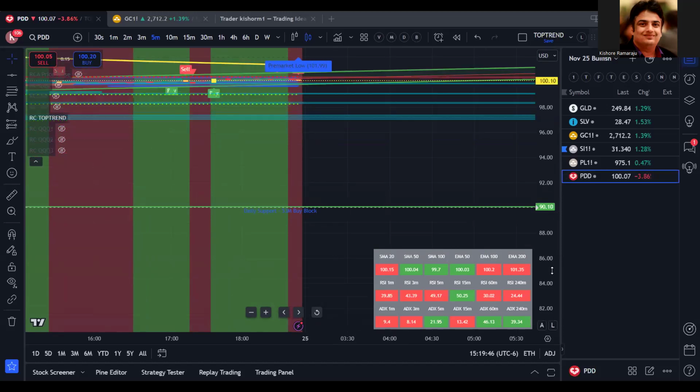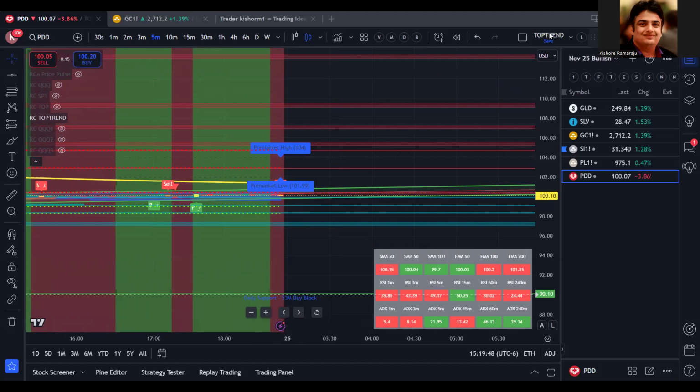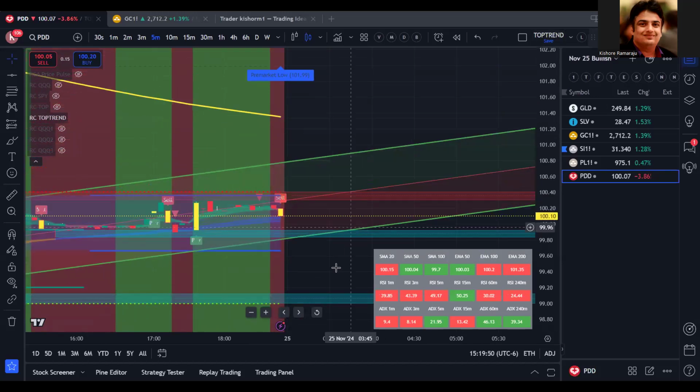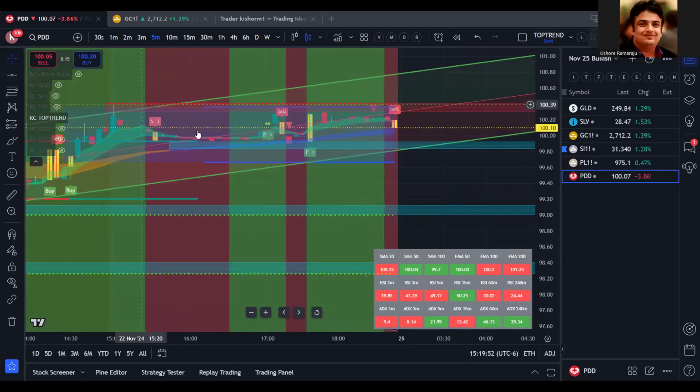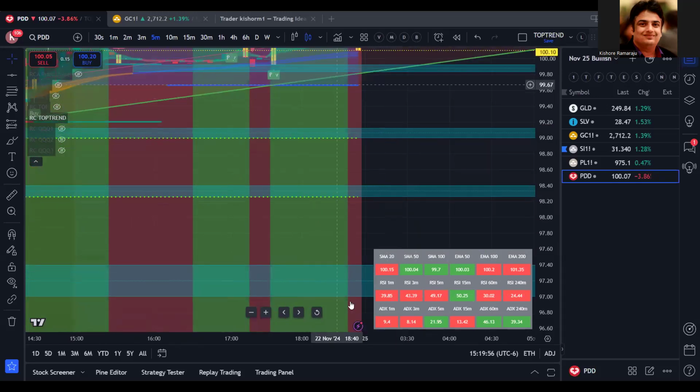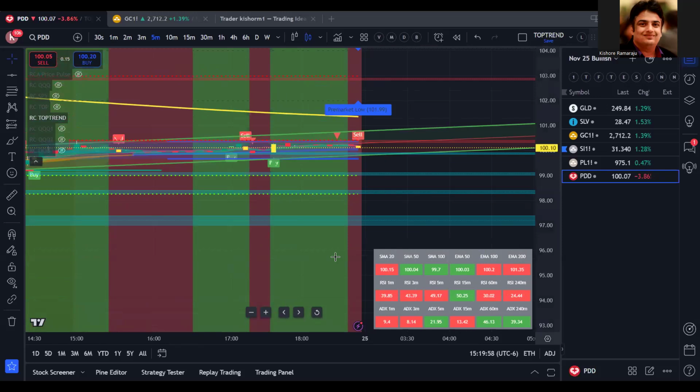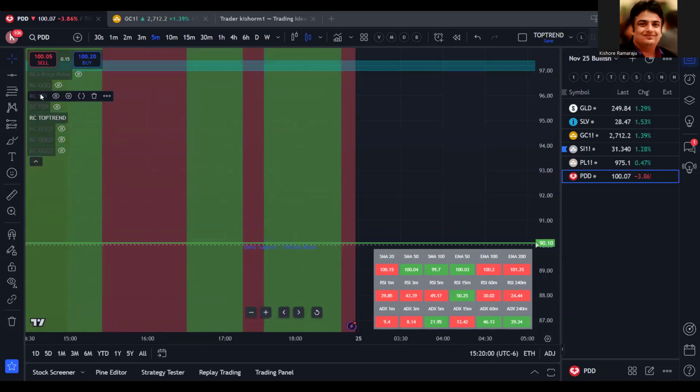So until that time, it might drop further. As of now, it is moving in a consolidation. If it drops, it will go further down and touch that, because that is where there is a lot of liquidity.